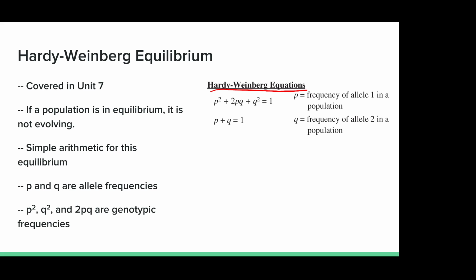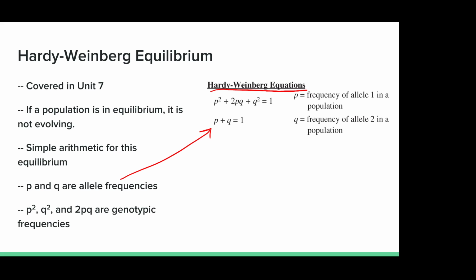Let's talk about what that means. p and q are allele frequencies. p is the frequency of allele 1, could be the dominant allele, could be the recessive allele, doesn't matter. They may specify it, or you can just work with it yourself. It's just a frequency of an allele. q is the frequency of the other allele.